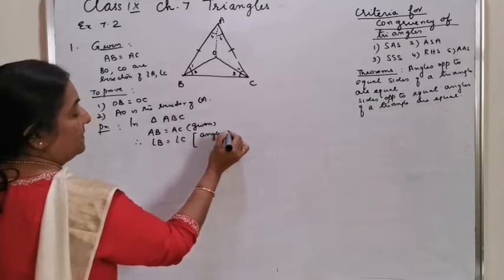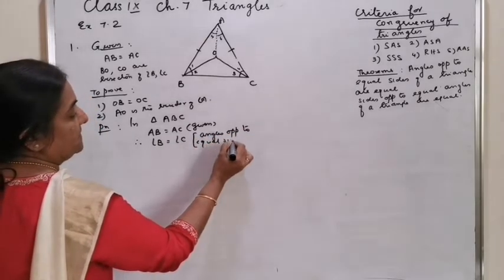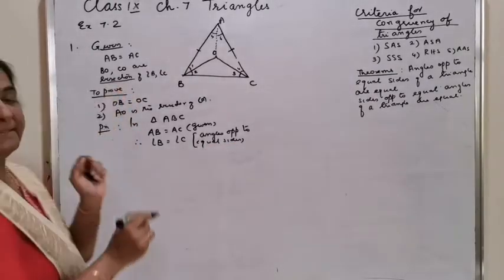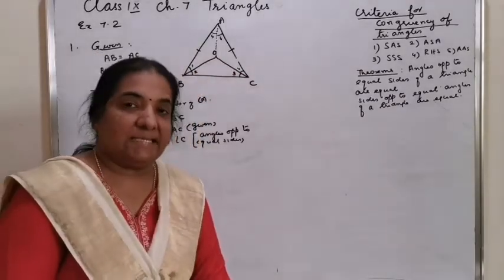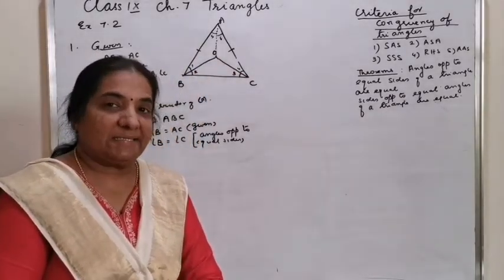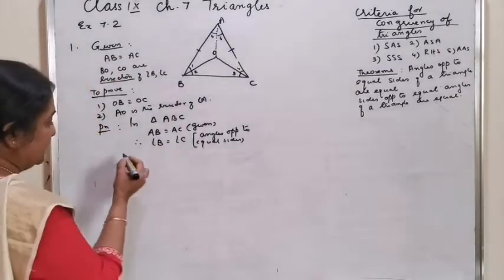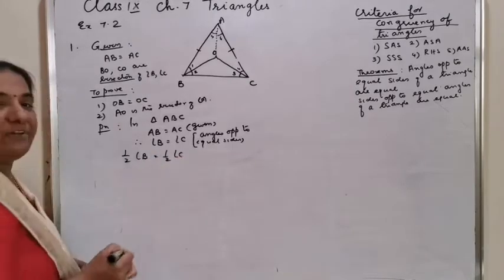Angles opposite to equal sides. And now the word bisector, that means BO and CO are bisectors. Whenever you hear the word bisector, take half angle on both sides. That is, half angle B is equal to half angle C.